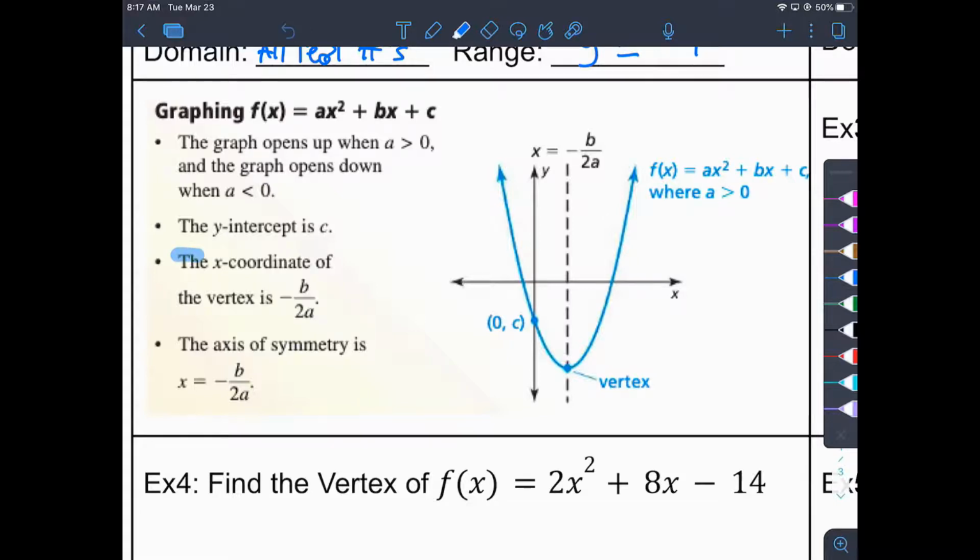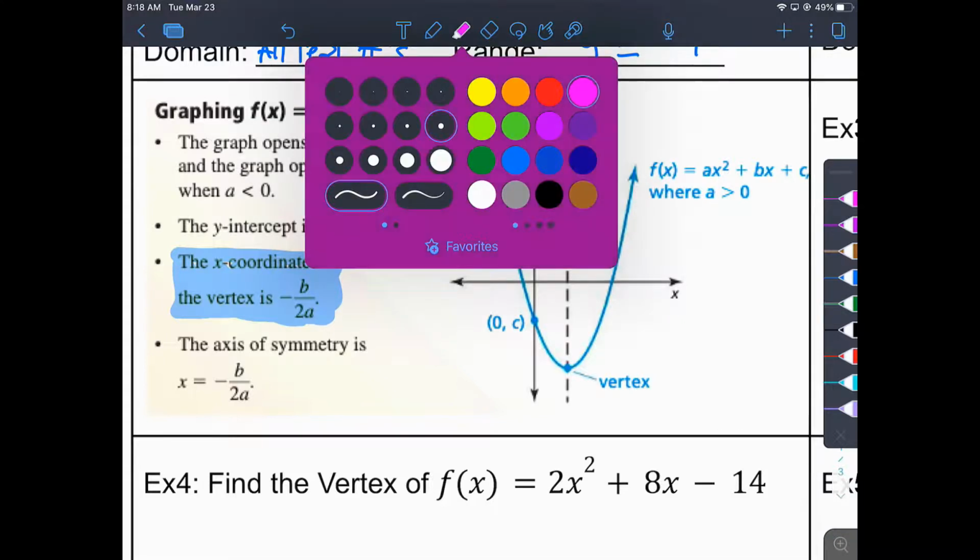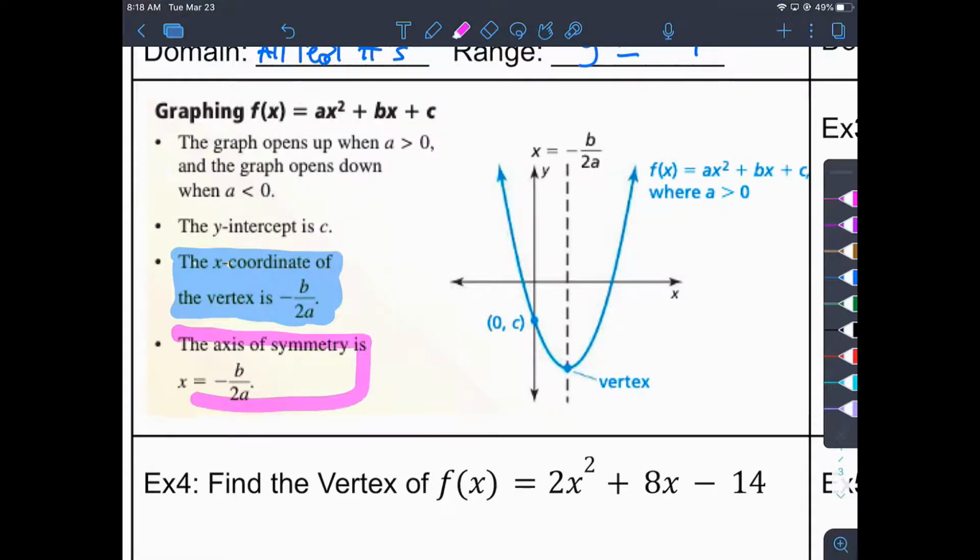It says the x-coordinate of the vertex is -b over 2a, or twice a. So the opposite sign of whatever the b sign is, divided by twice a. And it also tells us that that is true for the axis of symmetry, because we know that the axis of symmetry runs through the vertex.